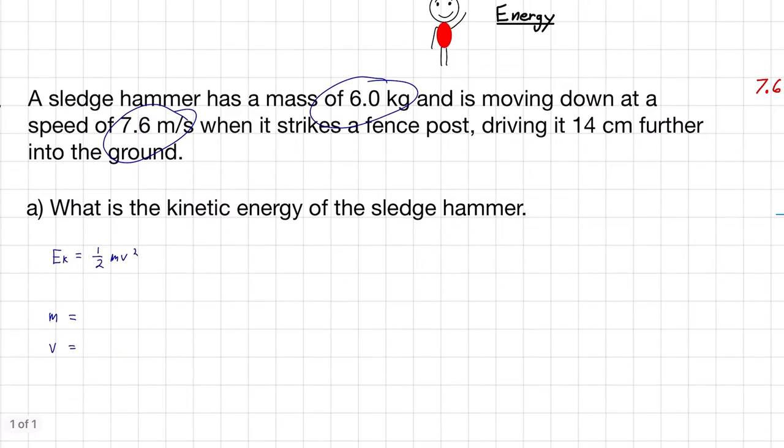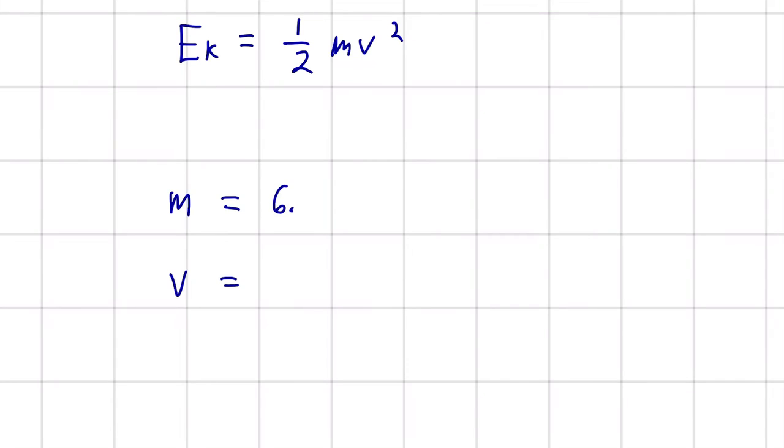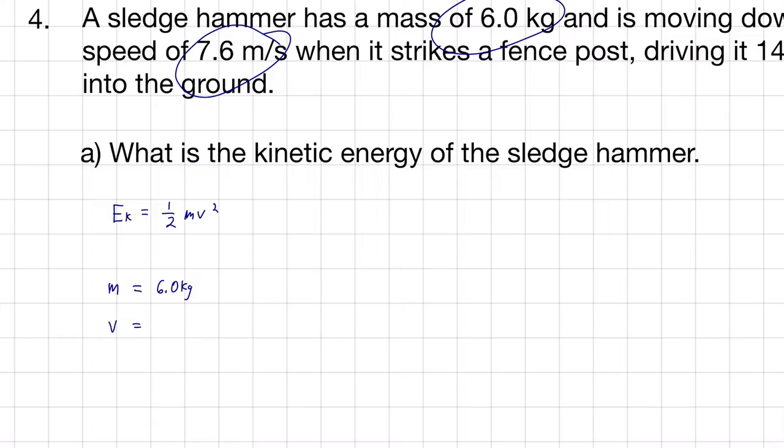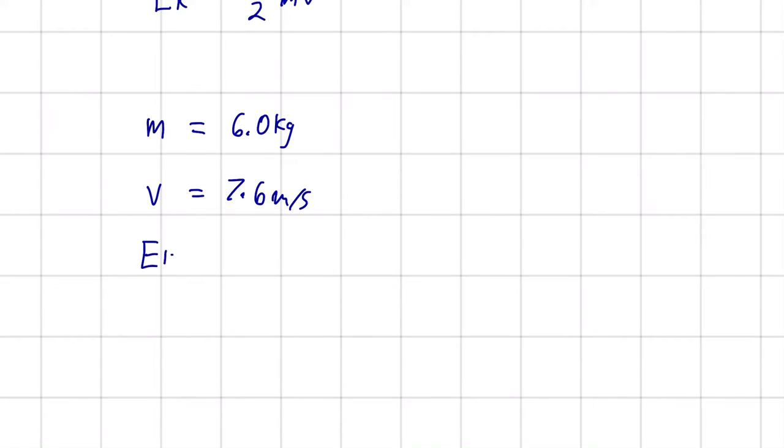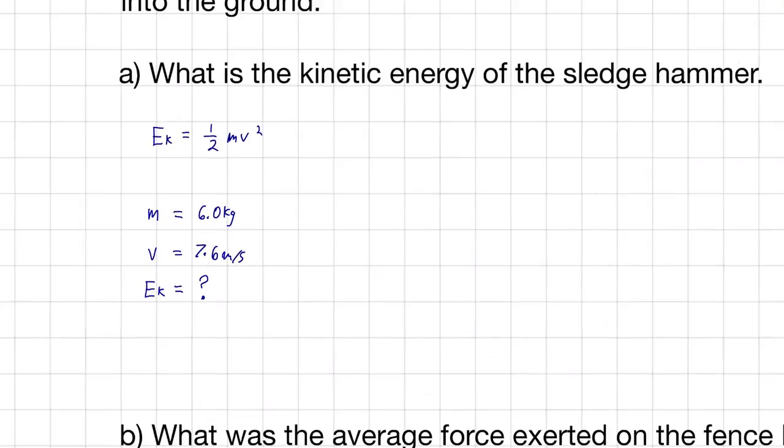So let's fill in these values. The mass is 6.0 kilograms, and the speed was 7.6 meters per second. And then obviously from the question, EK, or kinetic energy, is our unknown. That's the value we're trying to find.